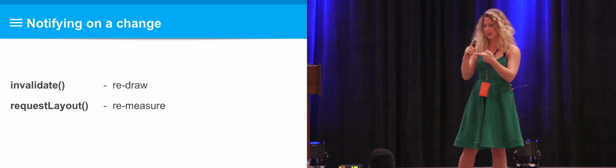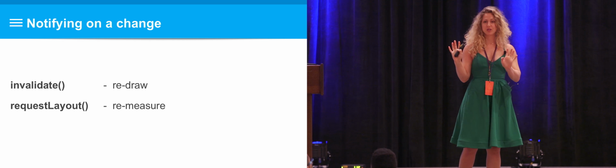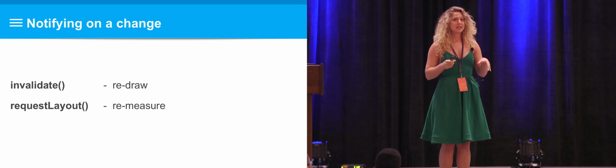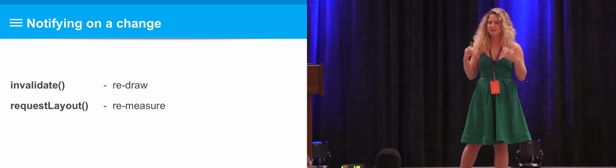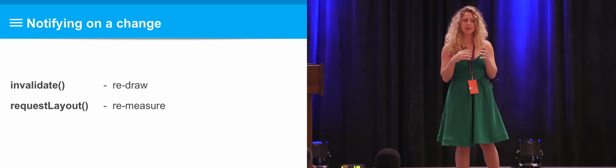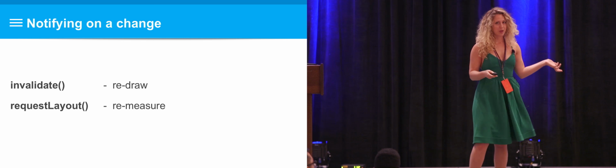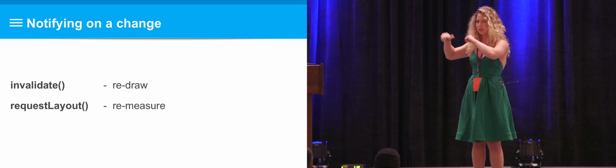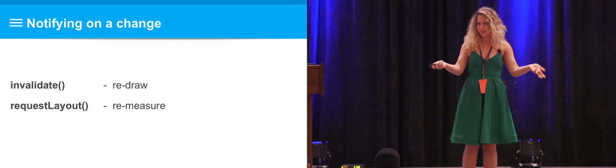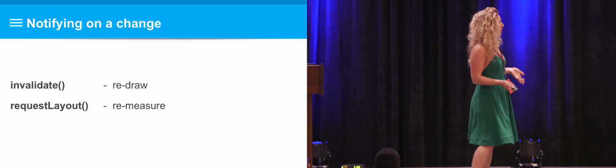Make the display list a new one, or update the display list, but just do this part. Another option is if something changed heavily, like the positions or the sizes, and then we want to measure and lay out everything again, and then we use requestLayout. So these methods usually are called under the hood, but you can also call them yourself, right? If you make your own animations or your own views.